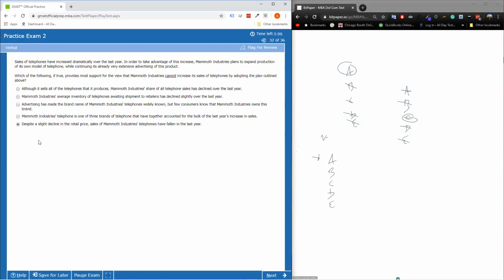I think C. So people aren't even buying more when the price goes down. So it sounds like they don't like something about Mammoth.